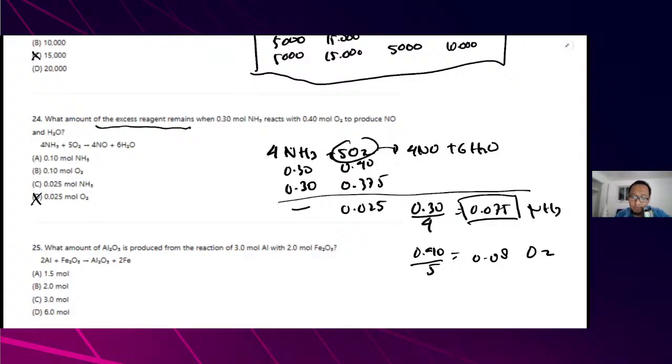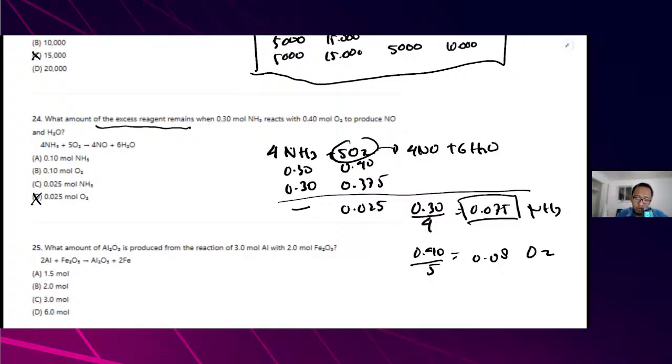Number 25. What amount of Al2O3 is produced from the reaction of 3 mol aluminum with 2.0 mol Fe2O3? Sorry, this is not O5, I think it should be O3, right?